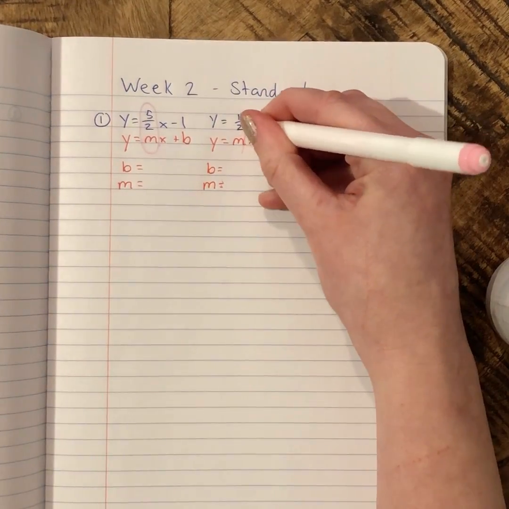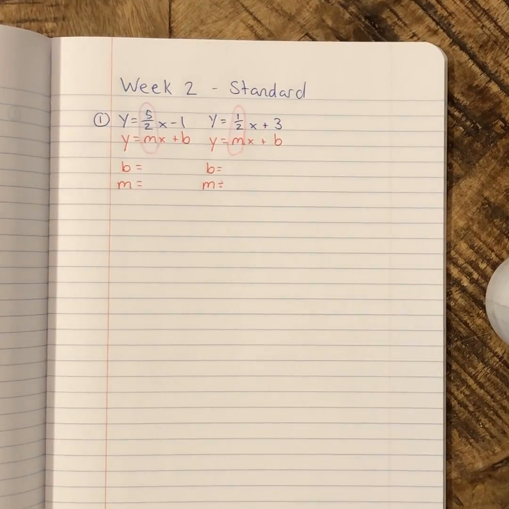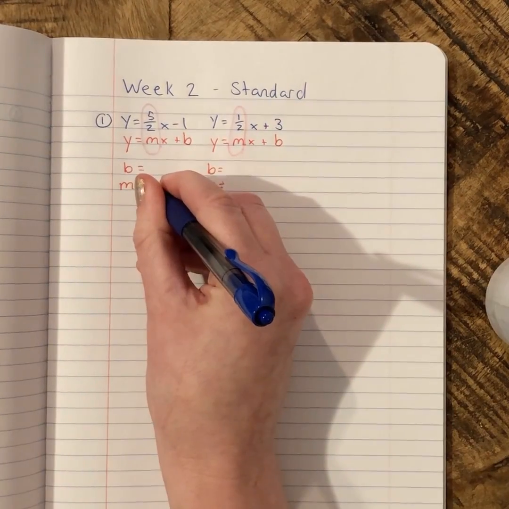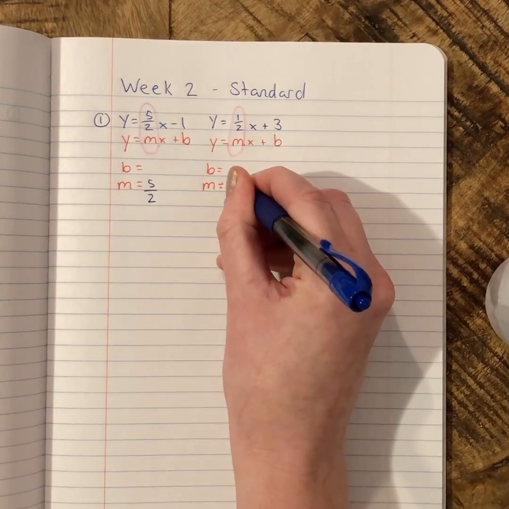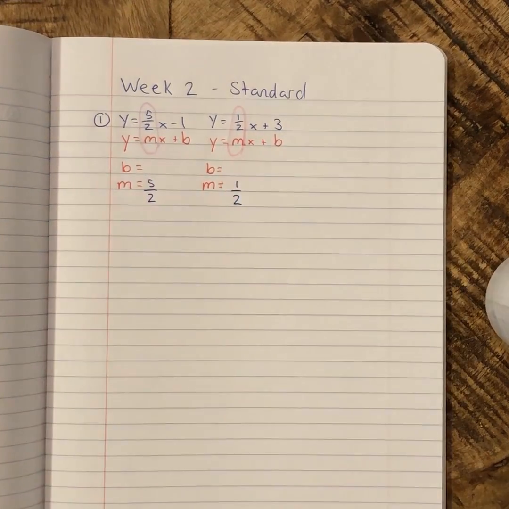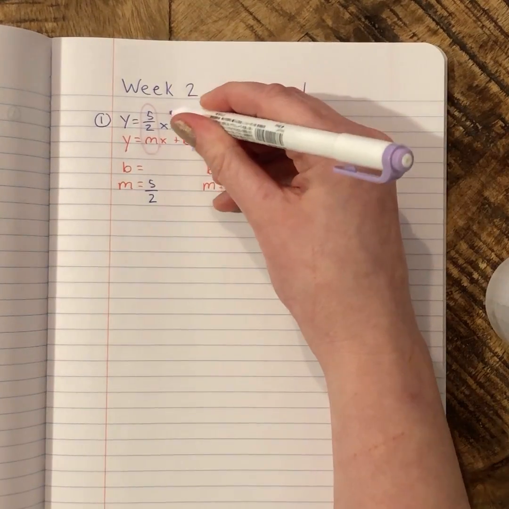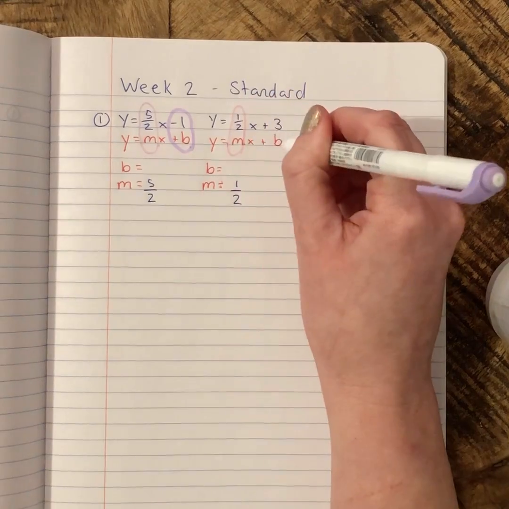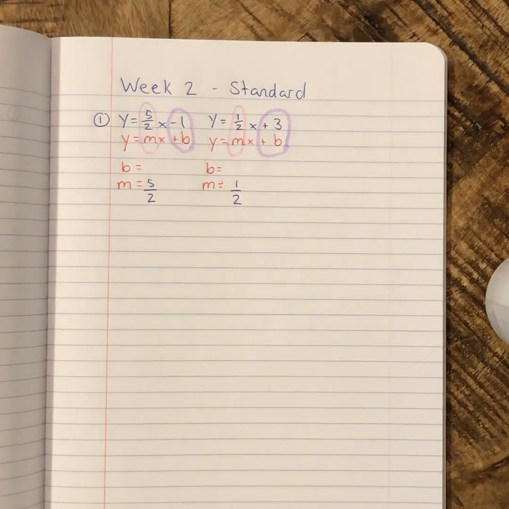And in the second equation, our m is lined up with the value of 1 half. So this makes my m 5 halves and 1 half. Then we can identify what is the b value for both of these: negative 1 and positive 3.